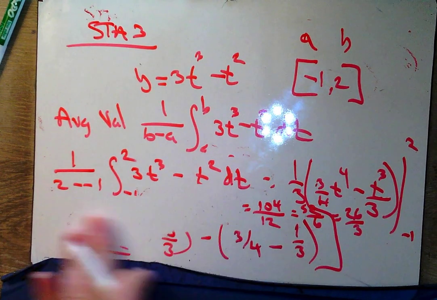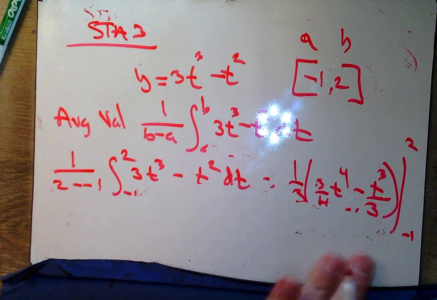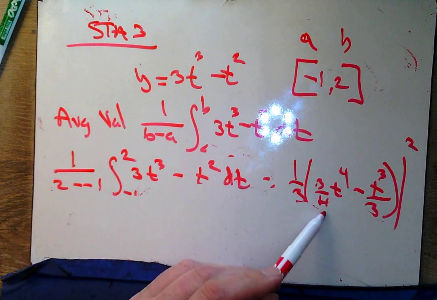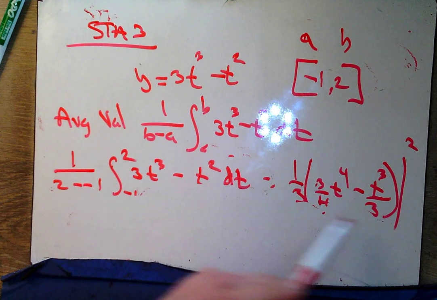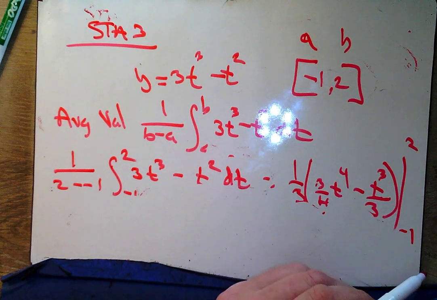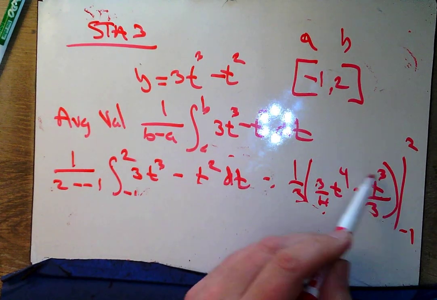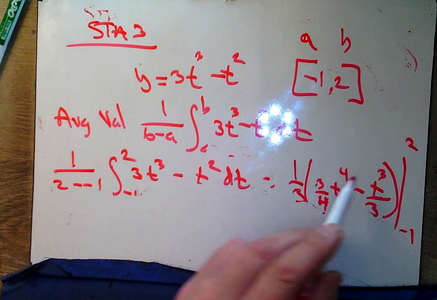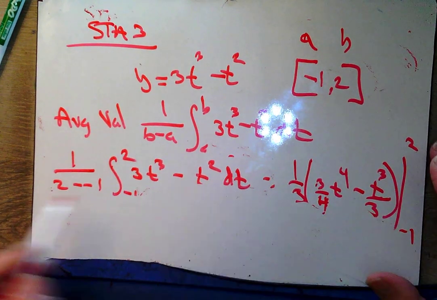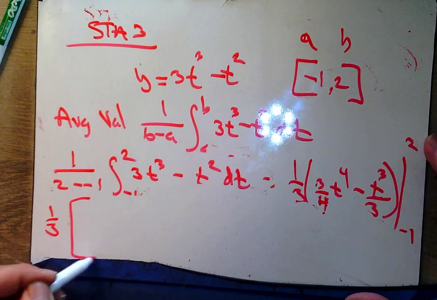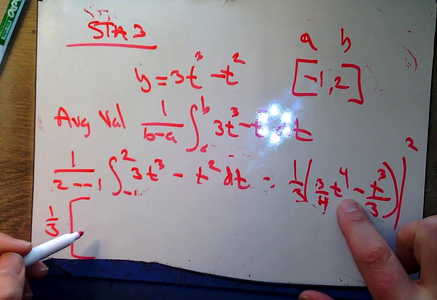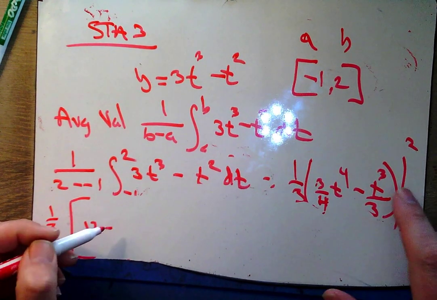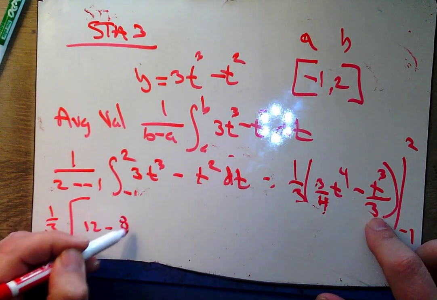Okay, so let's plug 2 to the fourth, 2 to the third over 3, -1. Ooh, -1. I blew it with the sign. So let's see about that again. There's a 1/3, 16 divided by 4 is 4, times 3 is 12, minus 8/3.